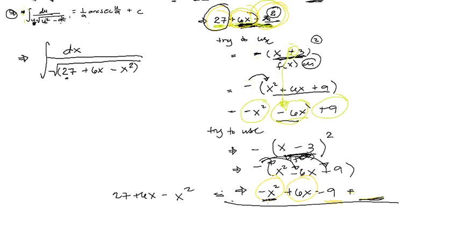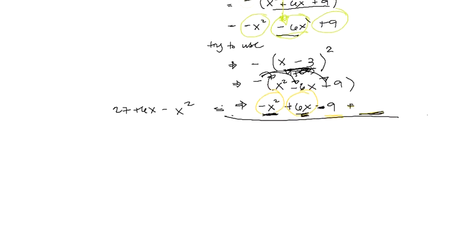Okay, we already solved the negative x squared, we already have this positive 6x, but we are left with negative 9 here plus some value. So using algebra, you can now think of a number that is equal to negative 9 plus this unknown number in order for you to come up with 27.